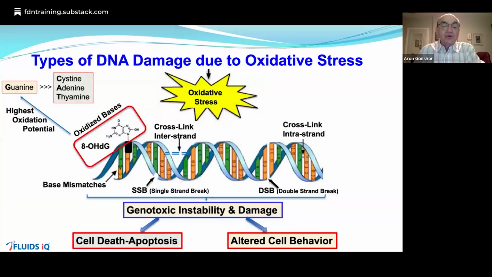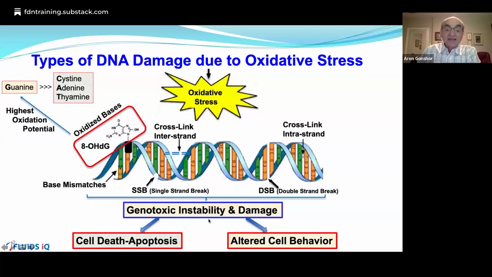And what does it really do? Well, this is the double helix with the cross-linking. And what you need to know is that 8-OHDG is really working on one of the bases. There are 4 bases: guanine, cytosine, adenine, and thymine. And so it works on guanine. And what it is able to do is to check whether or not, because of stress, oxidative stress, you have basically disrupted one of these bases and its ability to function properly in the double helix.